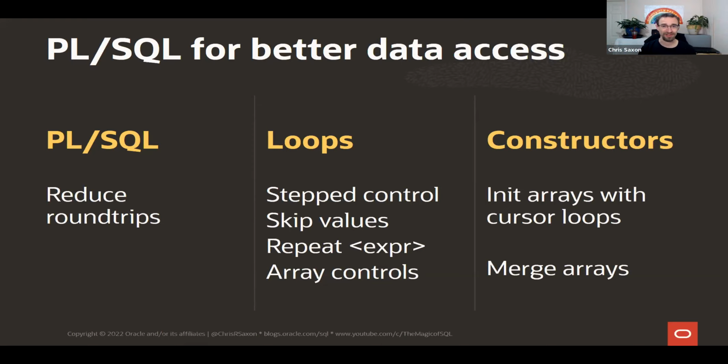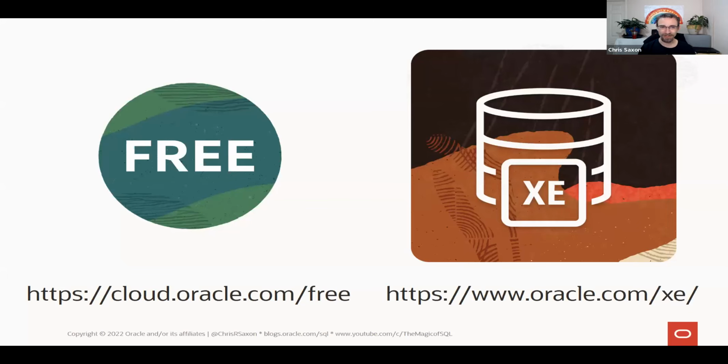If you want to try these things out and play around with 21c, there are two great ways. I think the best way is to sign up for our Always Free account. This gives you access to up to two Oracle Autonomous Databases. The demo I was just running was on my Always Free Autonomous Database running on 21c.